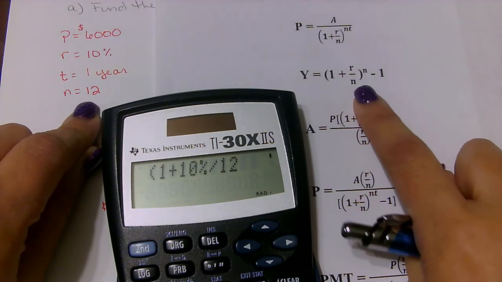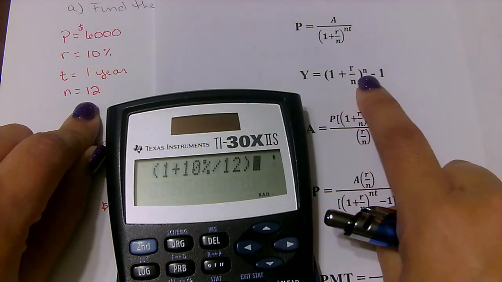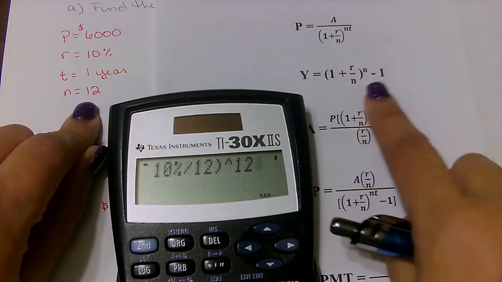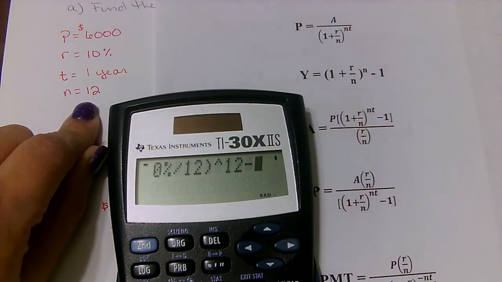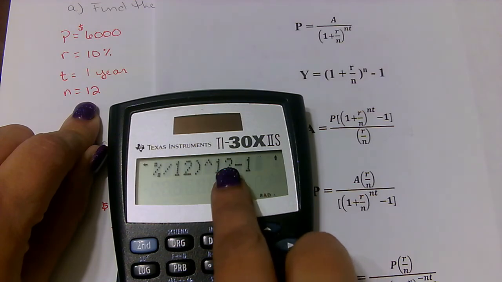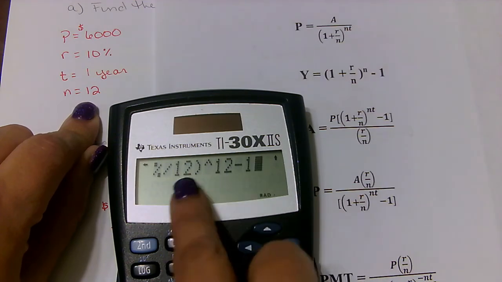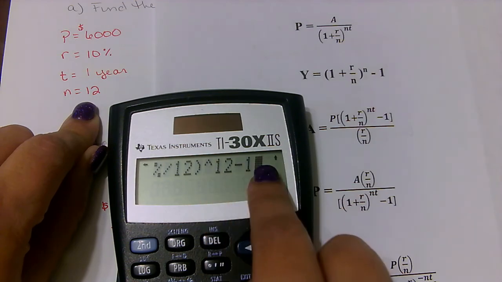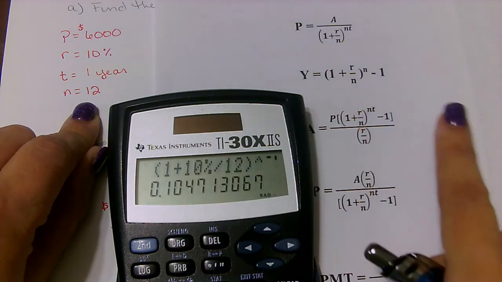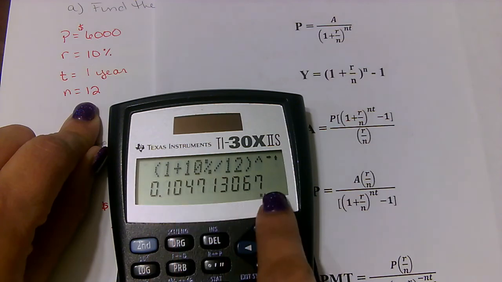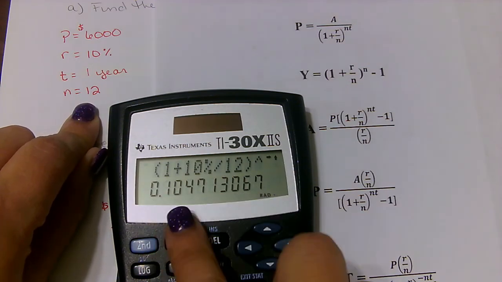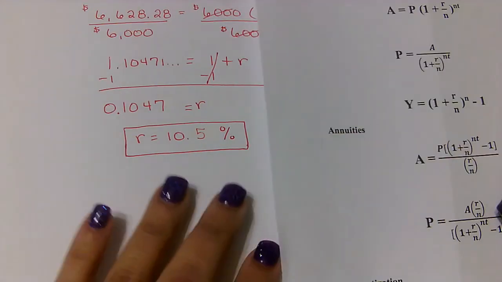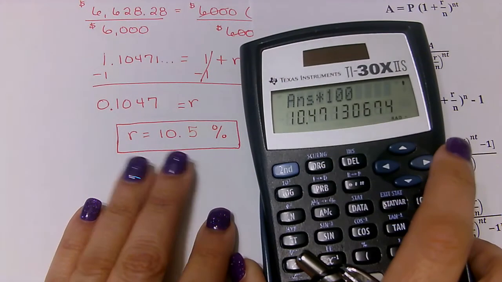Close the parentheses and raise it to a power of N. So I'm going to raise this to 12, and then I'm going to subtract a 1. Notice here I did not use parentheses for this part because the order of operations would raise this value to 12 and then subtract 1. If I press enter, I get our decimal value, and to get this into a percent, I need to times it by 100, which is exactly the same value I had down here.